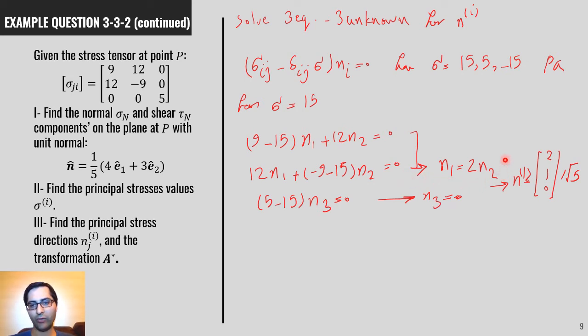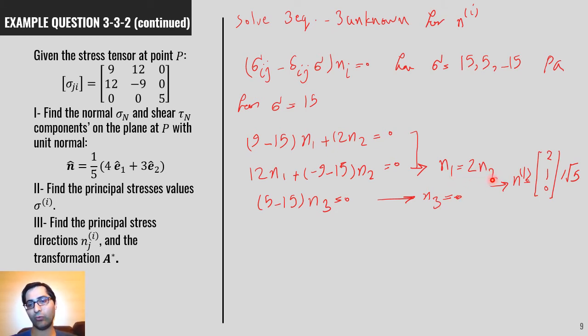From both of these equations, you can find n1 is equal to 2 n2. For i equal to 3, we get 5 minus 15 n3 equal to 0, which gives us n3 equal to 0. So the first vector is any vector with n3 equal to 0 and n1 equal to 2 n2.